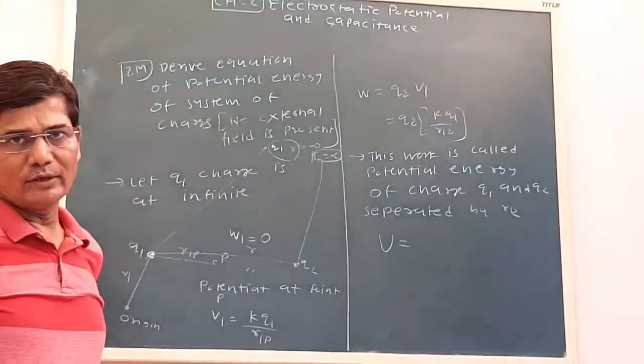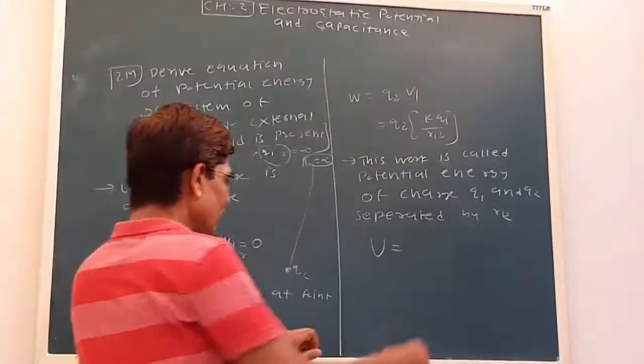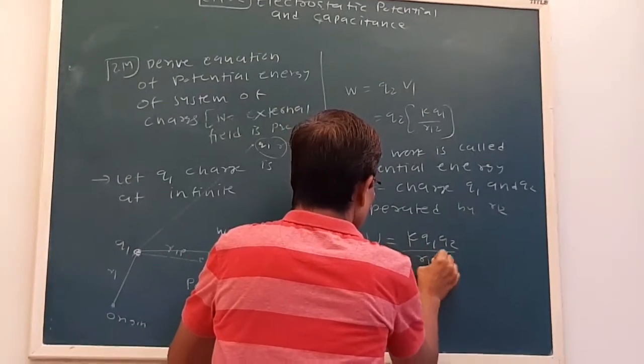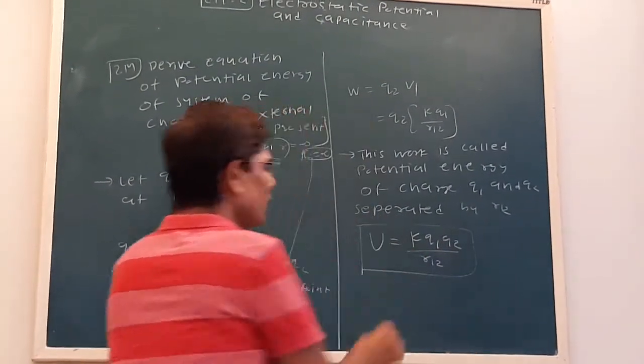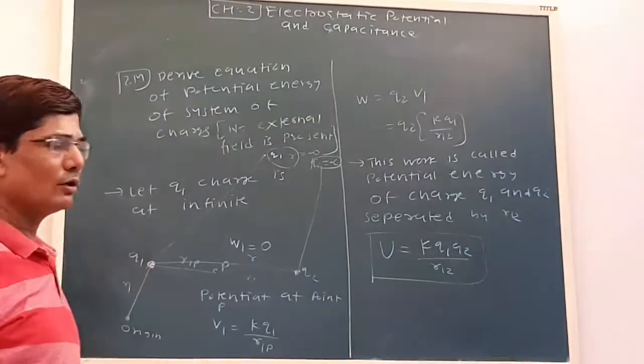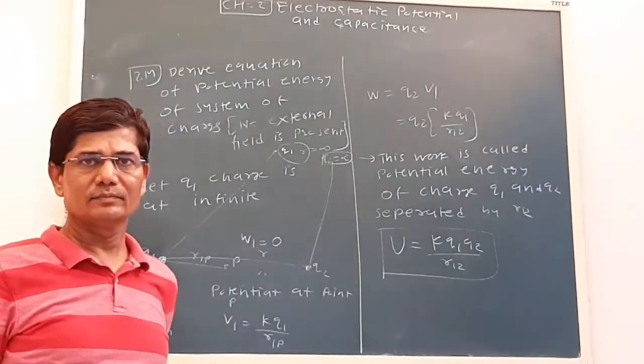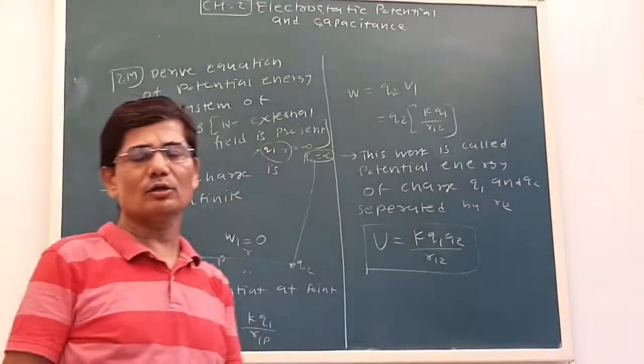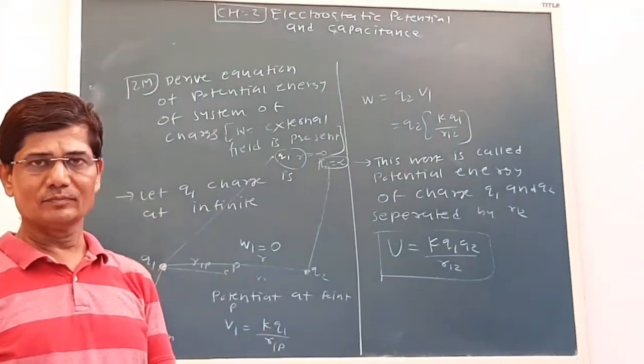Generally the potential energy symbol is U, so U is equal to K Q1 Q2 upon R12. Right now we have talked of 2 point charges.